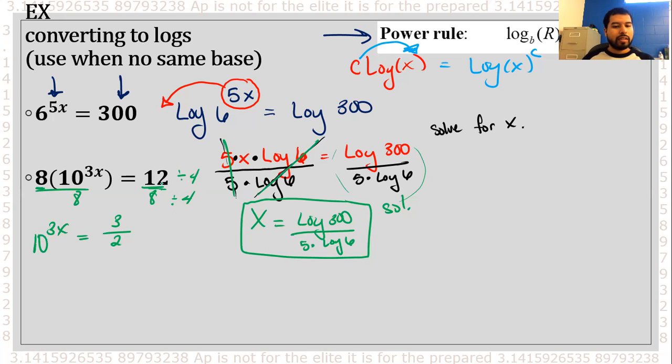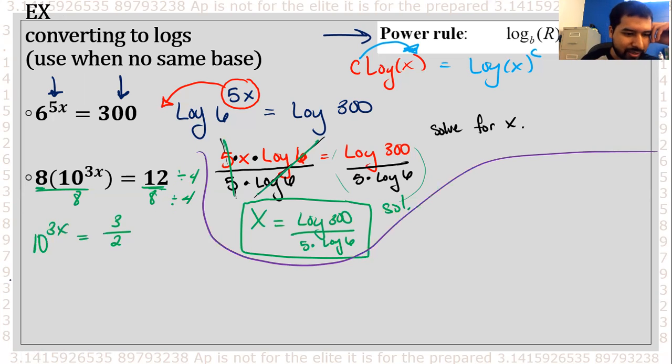So can we find the same base? Well, here's one of the perfect examples where we see it doesn't work. So we're going to use the ln. It's going to be ln or log, they're both the same, just base e.